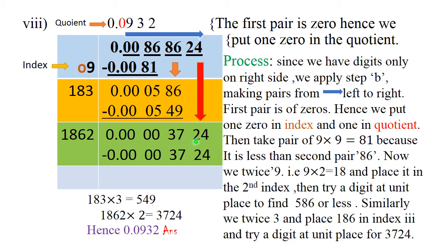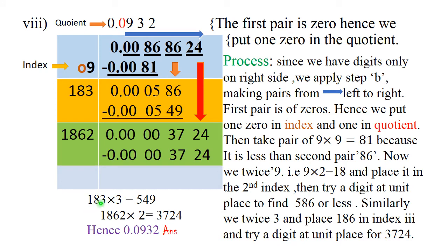Again, twice the digit at unit place in index we have 186. Now we search for another digit to place at the unit place and we get 2. Now multiplying 1862 with 2 we get this answer, and that satisfies our requirement.